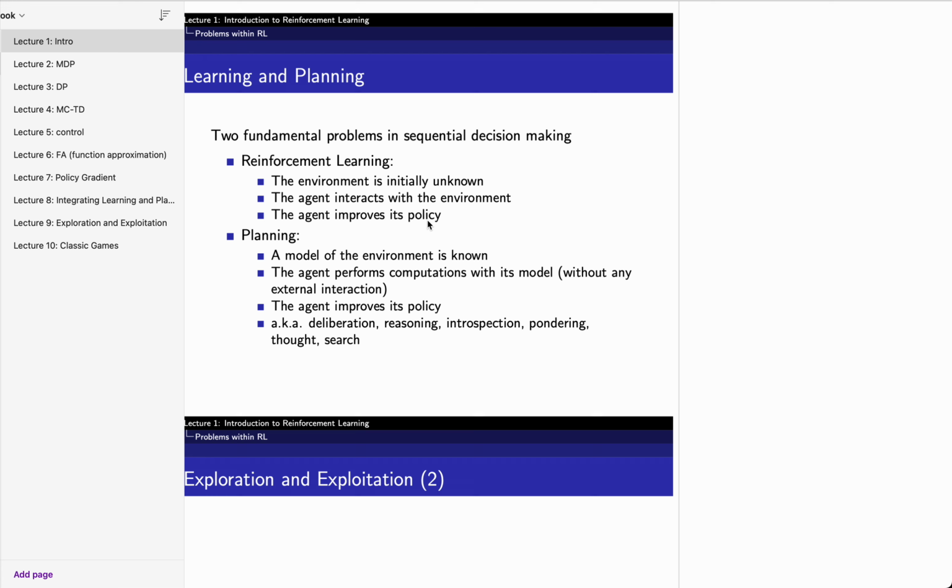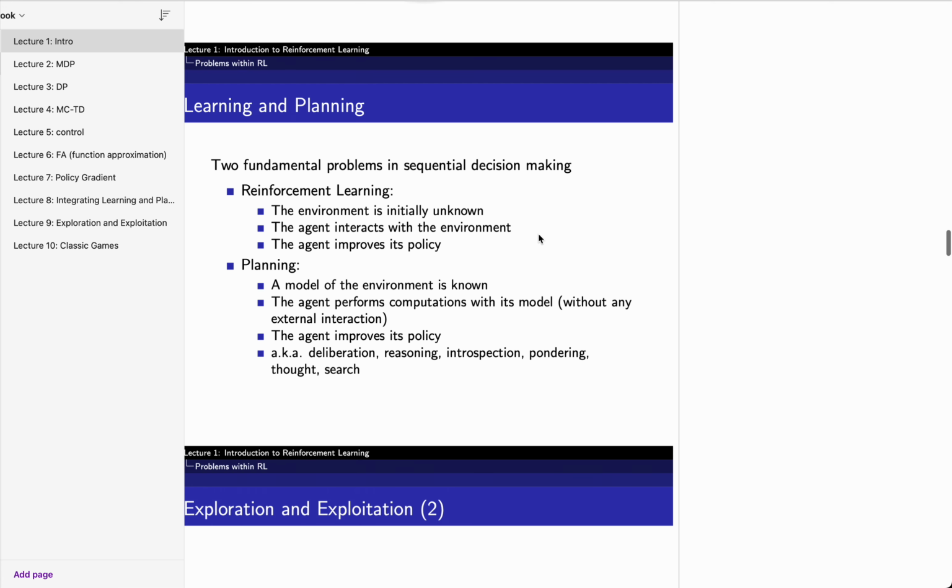So reinforcement learning is interacting with the environment. In the process of interacting, you gain a better understanding of the environment, and thus you improve the model of yourself. It's like learning soccer.